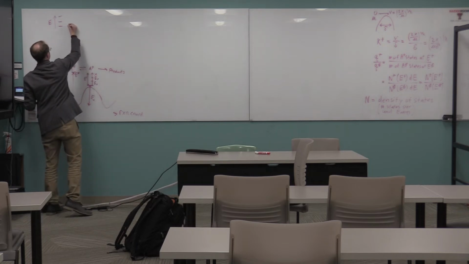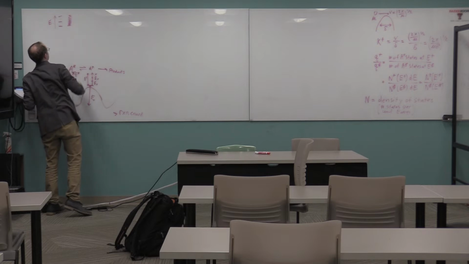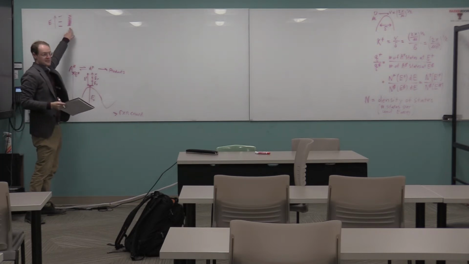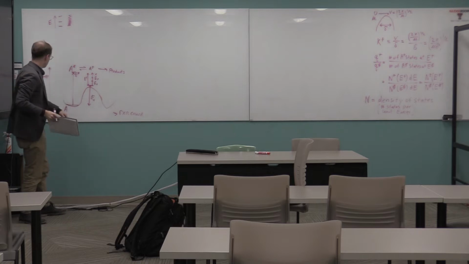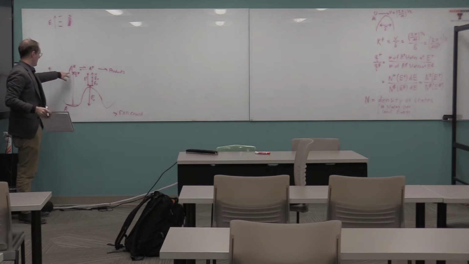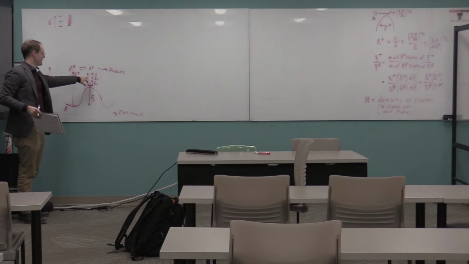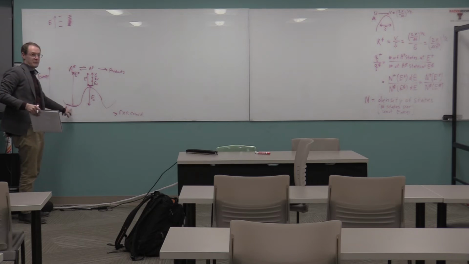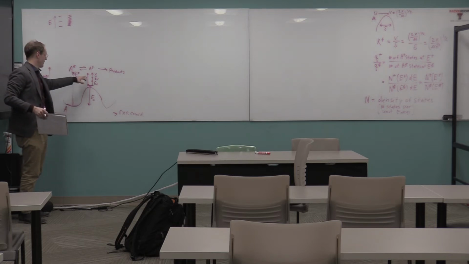But if you had a situation like this, where you have lots and lots of quantum states with very little energy in between, then this would be a high density of states. So in general, you would expect the density of reactant states to be much greater than the density of A plus states, because this has a higher energy relative to the minimum of the well. And probably you're only a short distance above the activation barrier.